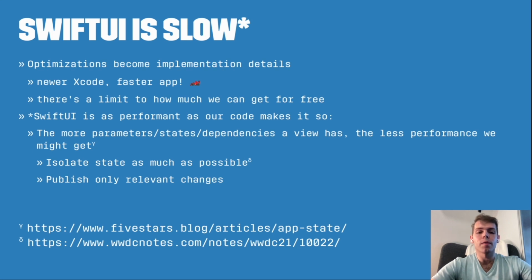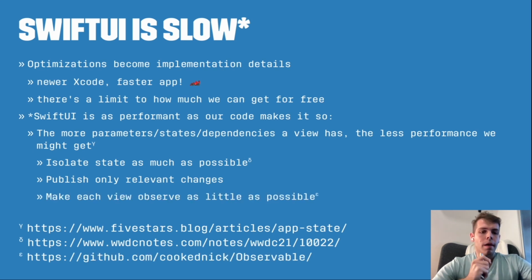So really think if you have to publish every single one of those properties. And of course, try to make every view observe as little as possible, so that each view only reacts to the changes that they really care about. And here, of course, I'm sharing a lot of links, so if you want to dig deeper in any of those topics, please have a look at those.